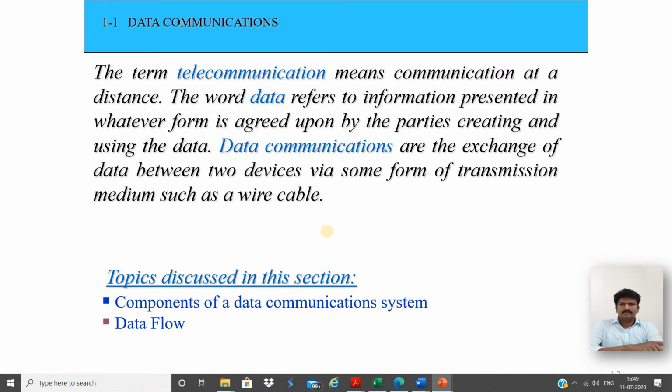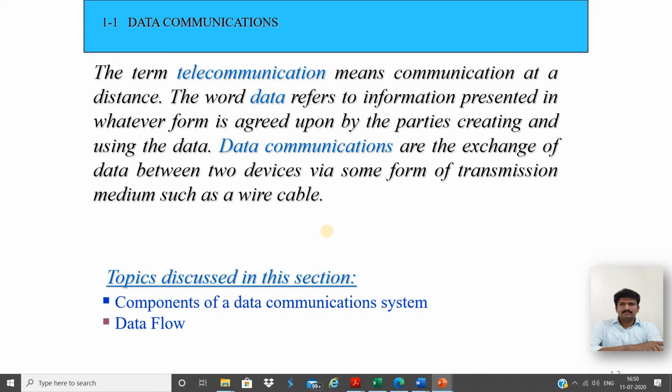Here, all the computers and data processing units are connected to the network, and they share information among them. Let us define what a computer network is. A computer network is a group of devices connected with each other through a transmission medium, such as wires or cables, and these devices can be computers, printers, scanners, fax machines, etc. The purpose of a computer network is to send and receive data stored on other devices over the network.